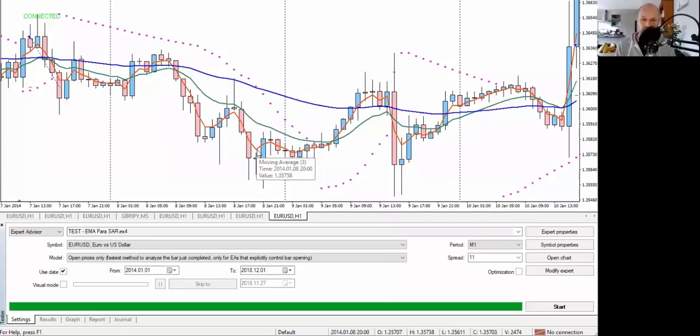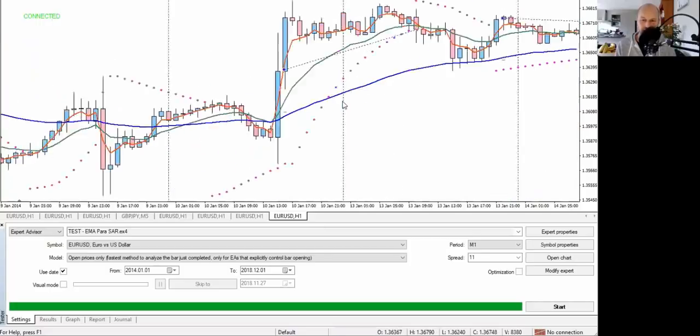In green, there's also the 3. So I used the 3 instead of a 5. I found the 3 worked better. And then the 50 moving average worked better. In fact, I think with the standard settings, we struggled to get a result at all. So the 50 moving average really kept it on the right side of the trend. And we're looking for it to be above the trend for a buy and below for a sell.